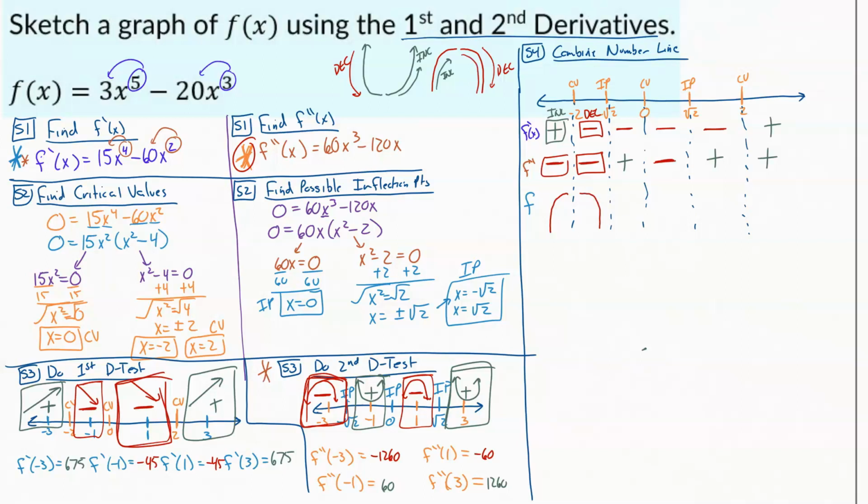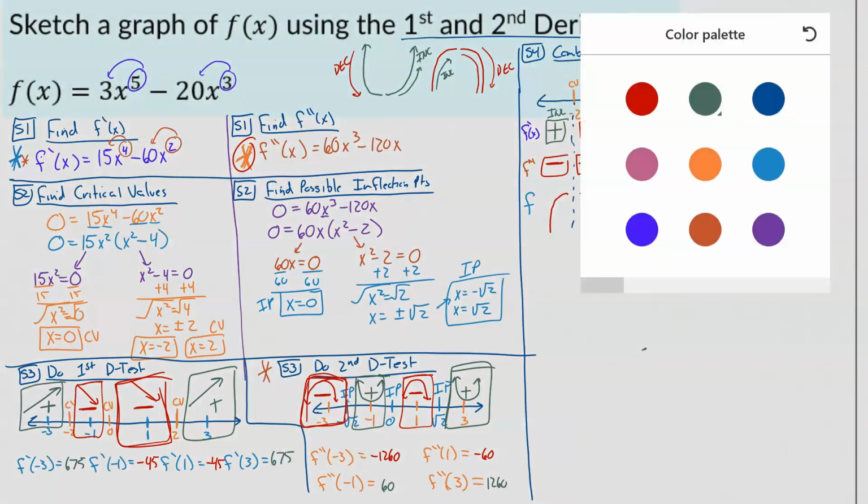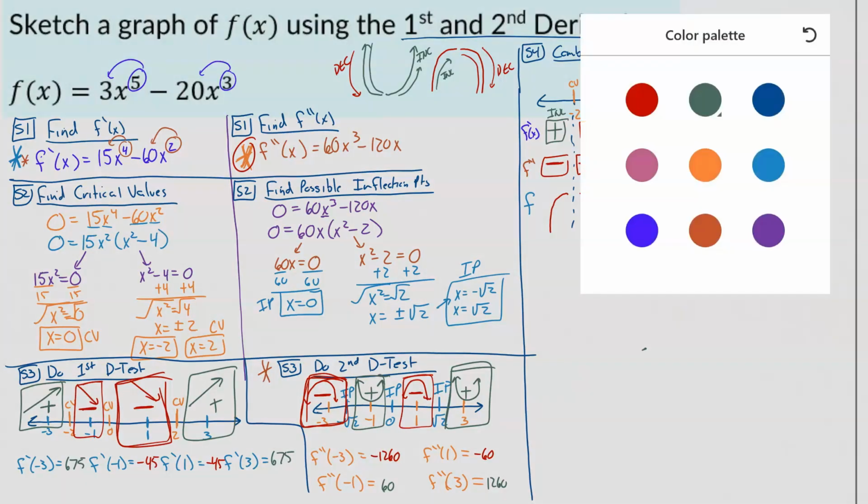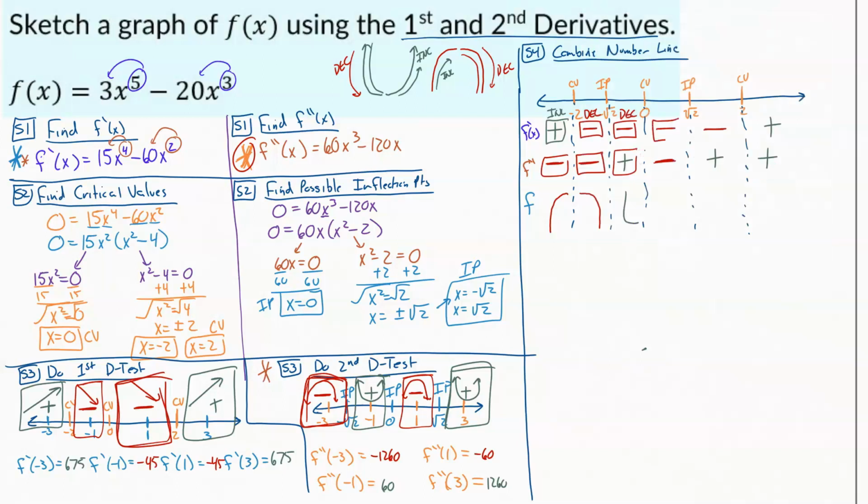Then I move to the next one and I have the decreasing side of a concave up graph. So the decreasing side of a concave up graph would be this half. Then on the next one I have the decreasing side, and now I'm back to a concave down. So decreasing side of a concave down shape looks like this.